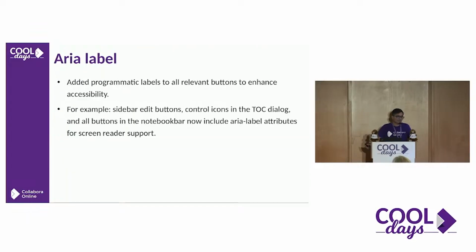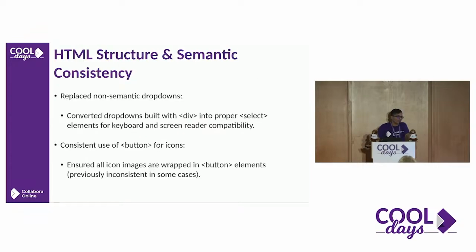These are the aria-label improvements that we did. If you see the sidebar element, there are edit buttons, and inside the JS dialogs there are many select elements or drop-down elements. You can go through each using keyboard controls, and it will read out loud the options as well. To fulfill the accessibility part, we also need to be consistent with the HTML structure.